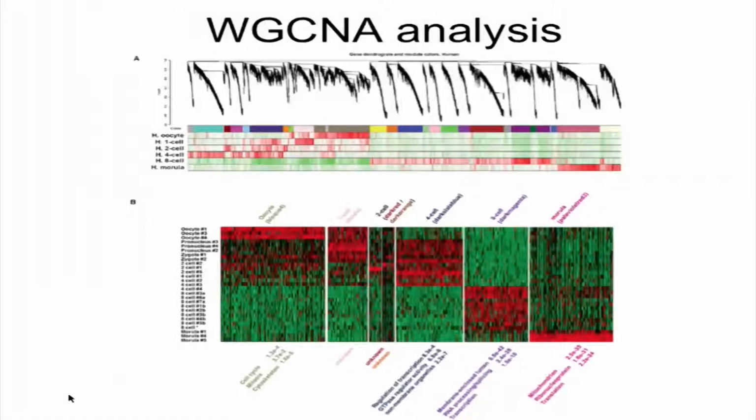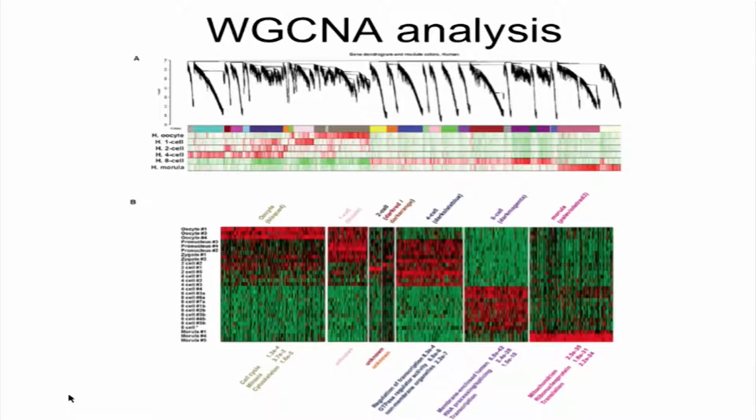So now you can look at which modules contain certain transcription factors. You do get lucky because some transcription factors correlate highly with the expression data. Some don't, but some do. And so you can still learn a lot.